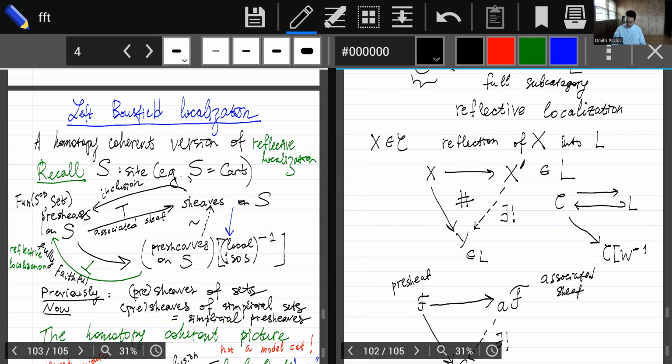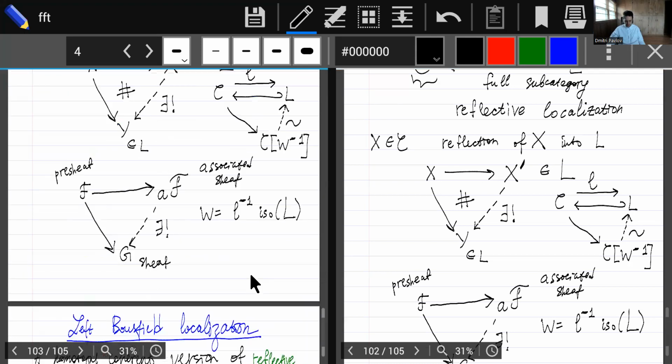So W is the pre-image under L of isomorphisms in the target. And the functor L factors through the category of fractions, and this dashed arrow is going to be an equivalence of categories.